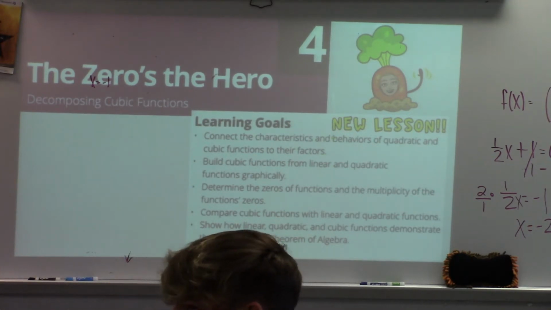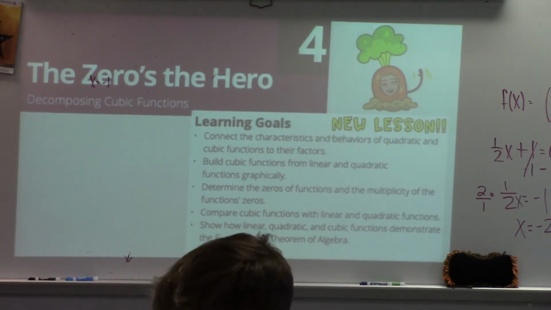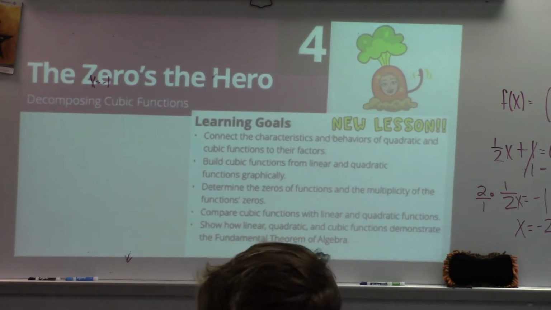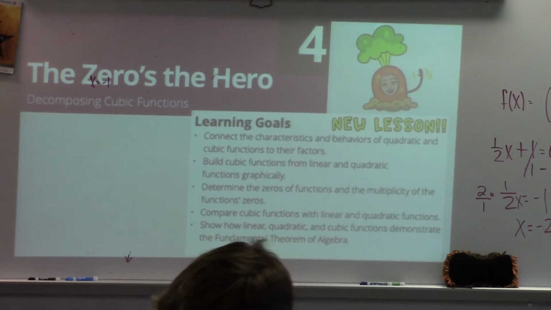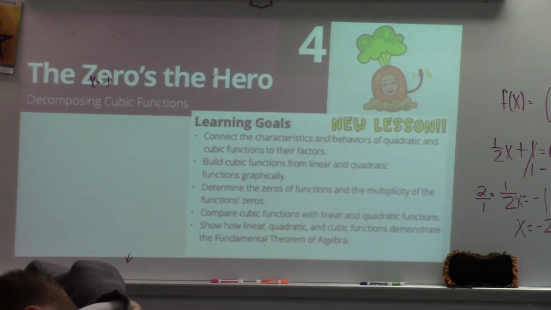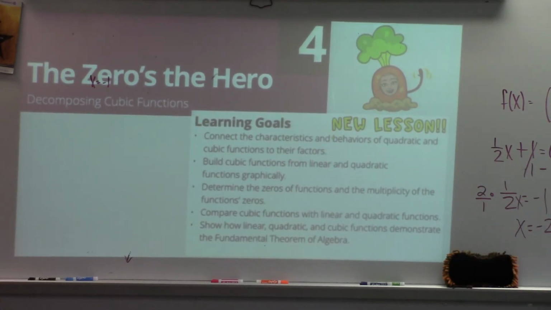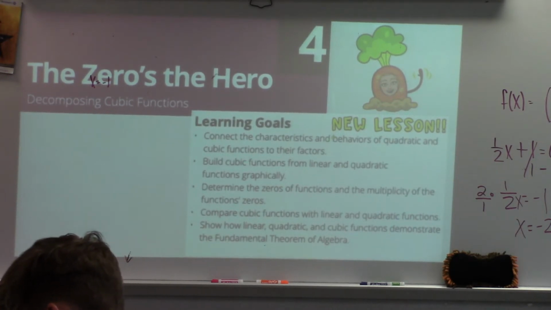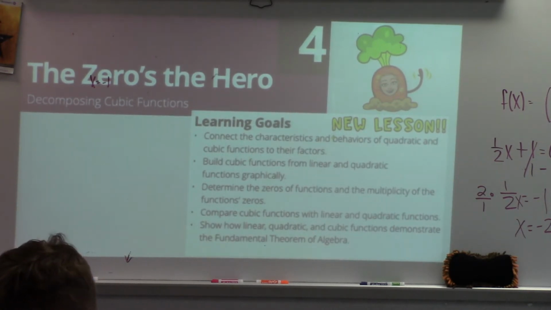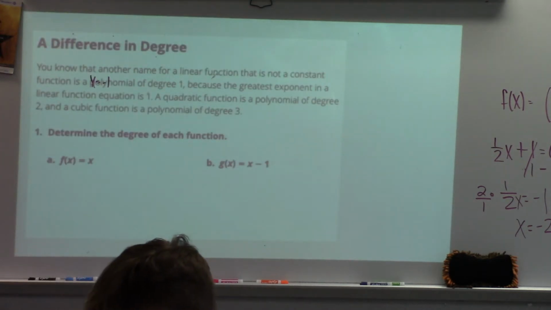So exploring different ways we can build those cubic functions. Determining zeros and multiplicity, which we've briefly covered in lesson 2. We're really going to get into it more. Comparing functions and showing how linear, quadratic, and cubic functions demonstrate the fundamental theorem of algebra. And our new word here is multiplicity.